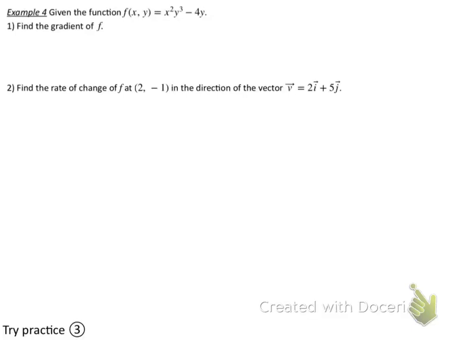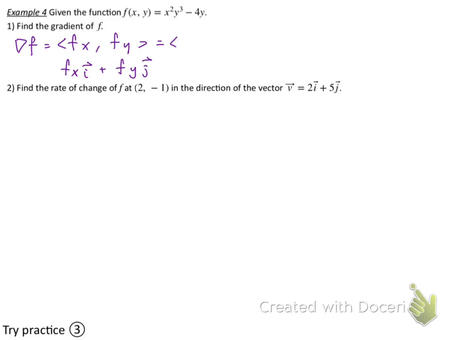Let's see this example. We have this function f of x, y equals x squared y third minus 4y, a function of two variables. And we want to first find the gradient. So it's called del f. Del f is f partial x, comma, f partial y. We have only two variables. Or you can write f partial x i plus f partial y j. That's also okay. Different notations, same thing.